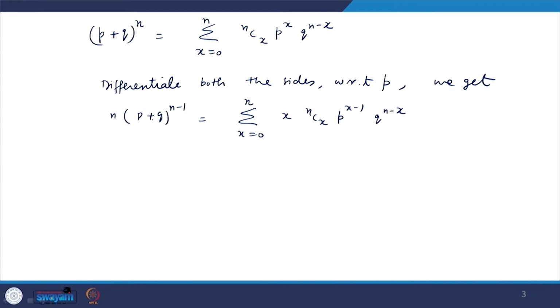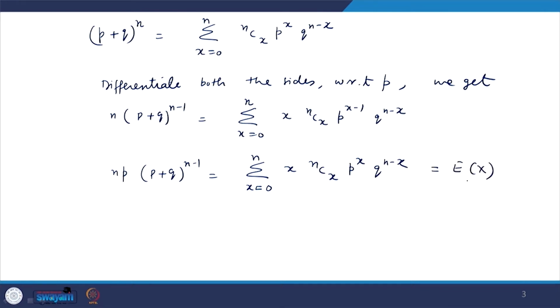So, you multiply both sides by p. If you multiply both sides by p, it will be np into (p + q) whole raised to power n minus 1 equal to summation x from 0 to n x nCx p raised to power x q raised to power n minus x. So, this is nothing but expectation of x, and this value is nothing but np, because p plus q is 1.